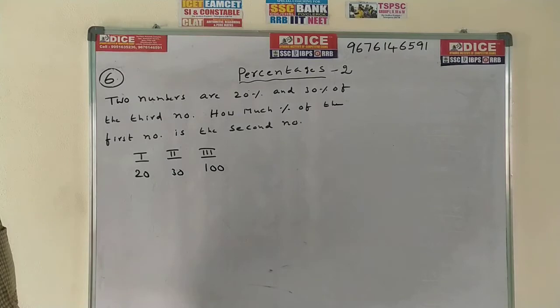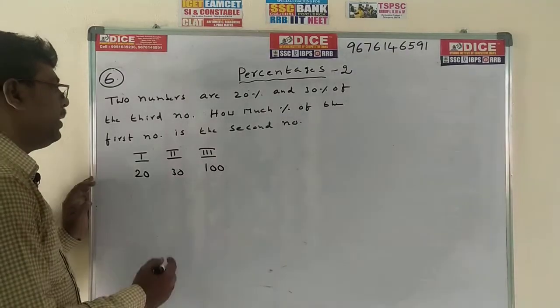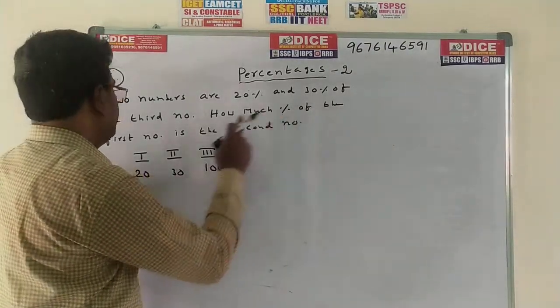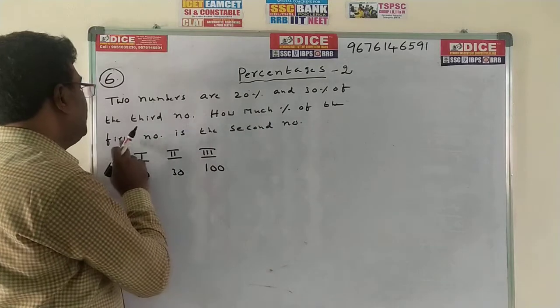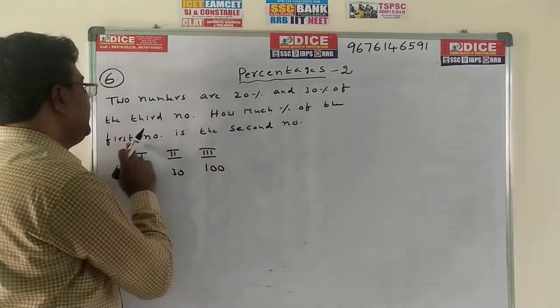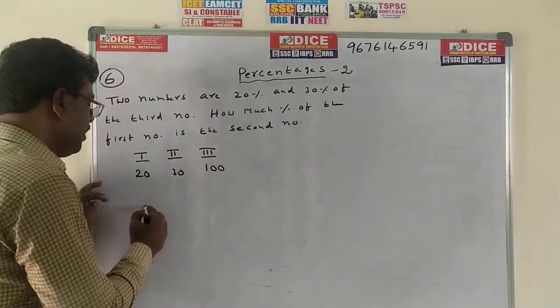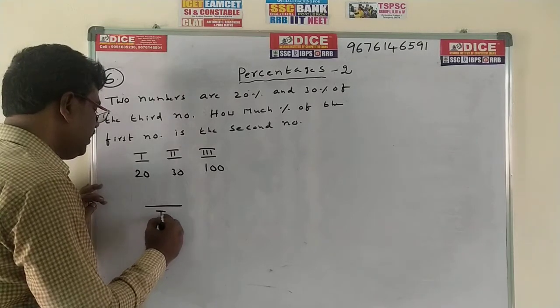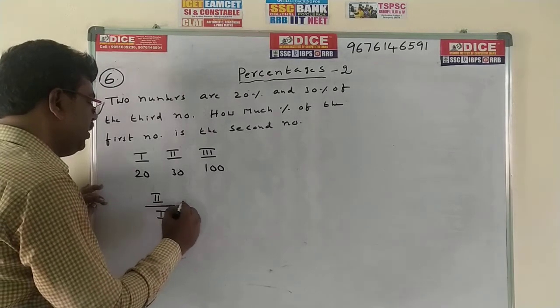Now go for our formula, note 1. I already told you, in the denominator goes the number next to "of". For "of the first number", the first number is the near number. So you can take the denominator as first number, and the numerator as second number, into 100. This is the formula.